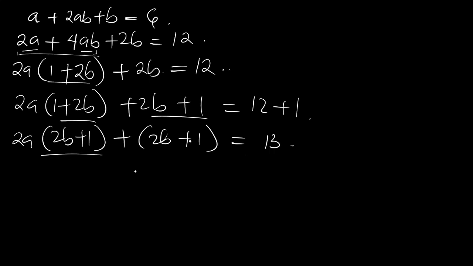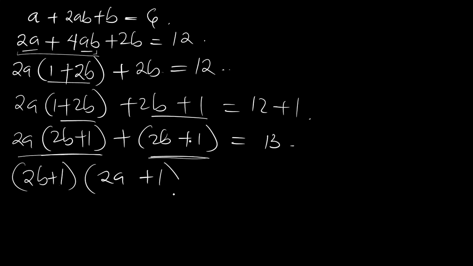Now 2b plus 1 is common here, so let's factor it out. You have 2b plus 1 times 2a plus 1 equal to 13.